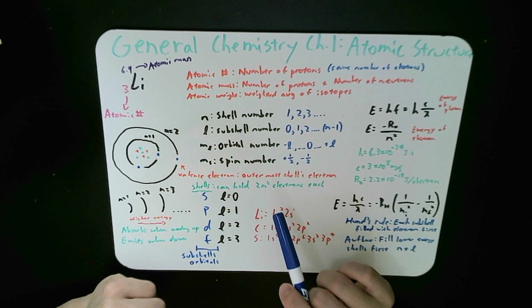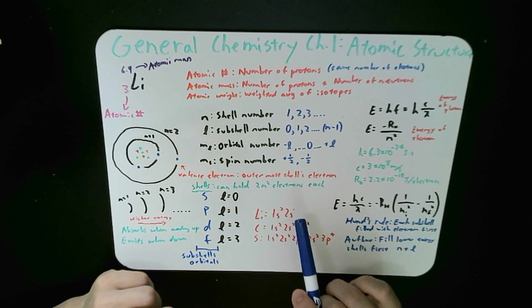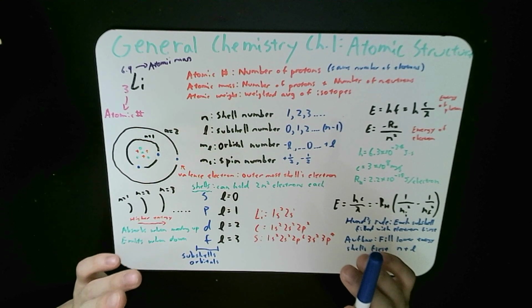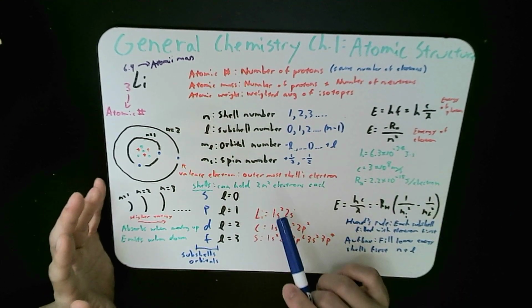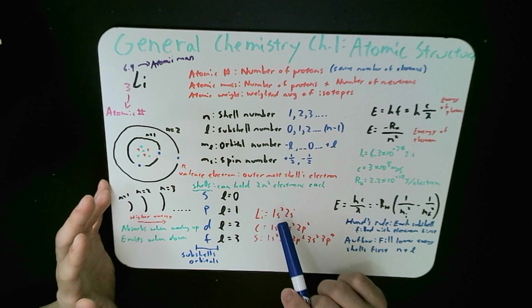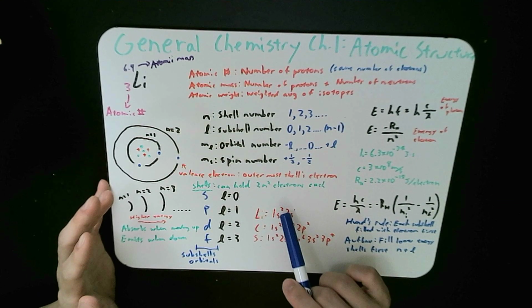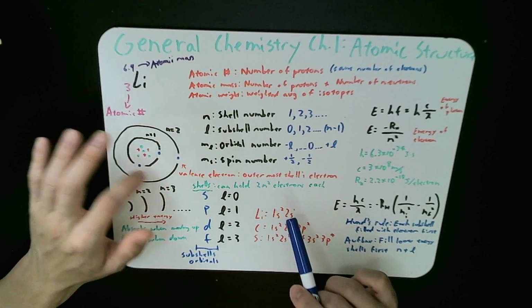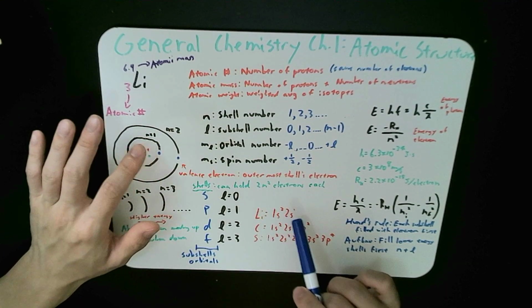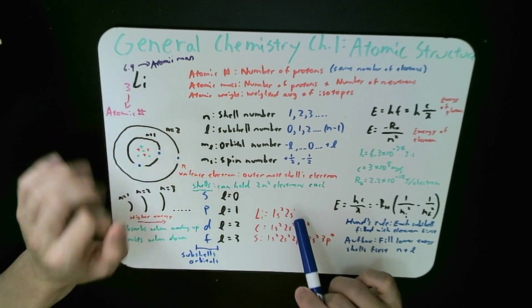What we can do is then use these notations to identify the atom. For lithium, it has 1s2 and 2s1 because 2 electrons are found in the first shell and 1 electron is found in the second shell.